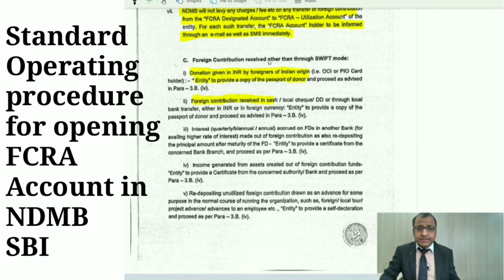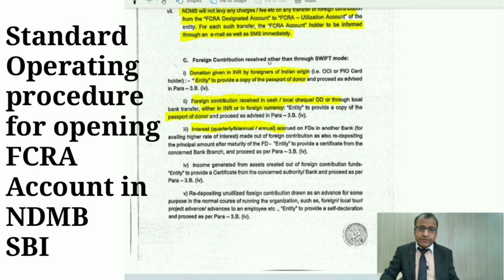Foreign contribution received in cash, local check or demand draft, either in INR or in foreign currency, again requires the passport of the donor and the same documents required for each credit: the undertaking for the purpose of the receipt and FEMA declaration.